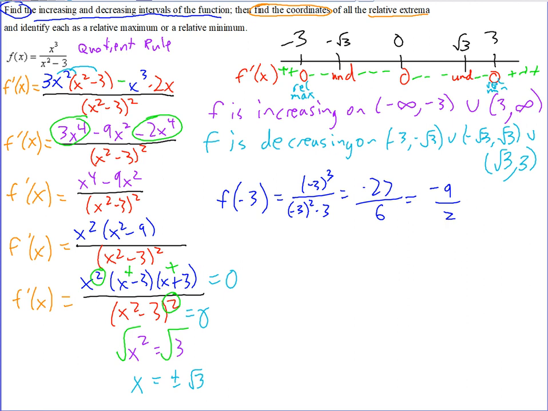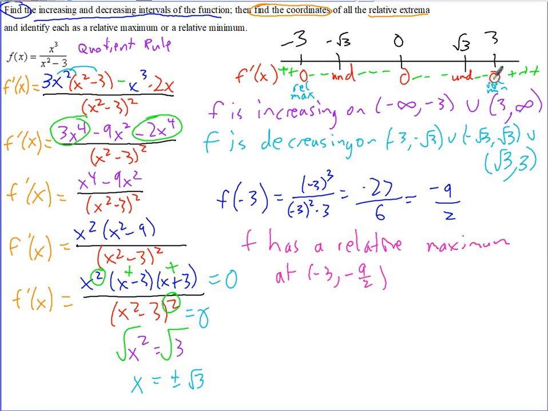So you can say a relative maximum at the point negative 3, negative 9 halves.